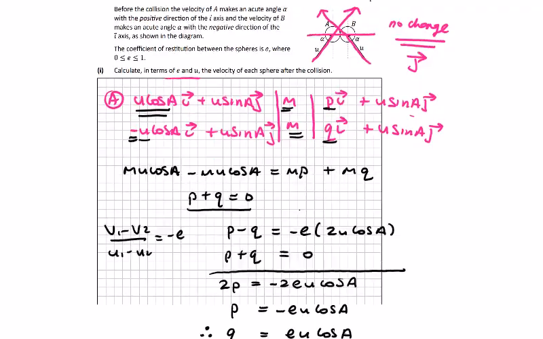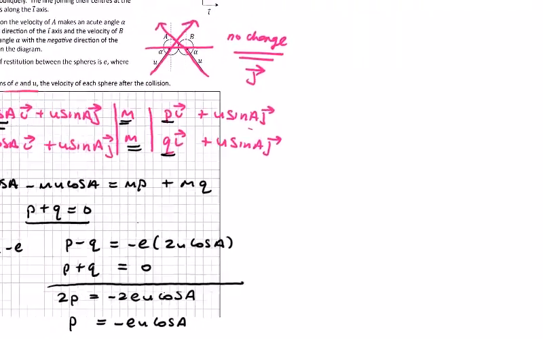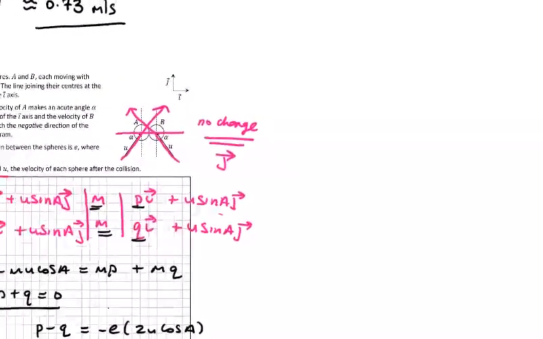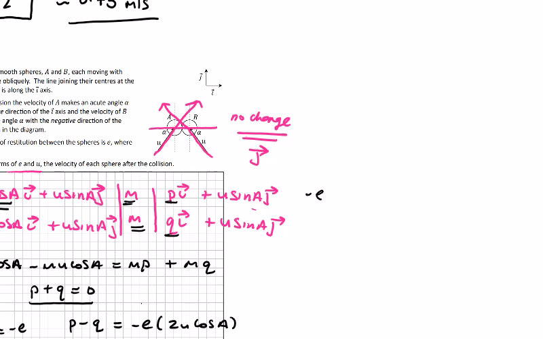So their velocity in terms of E and U after the collision, for A is minus EU cos alpha in the I direction plus U sine alpha in the J direction. And for B, it's going to be EU cos alpha in the I direction plus U sine alpha in the J.